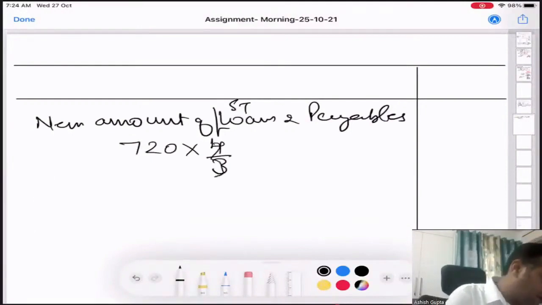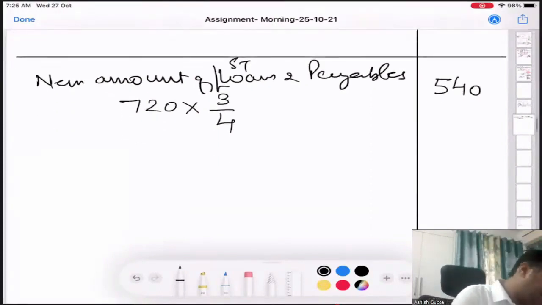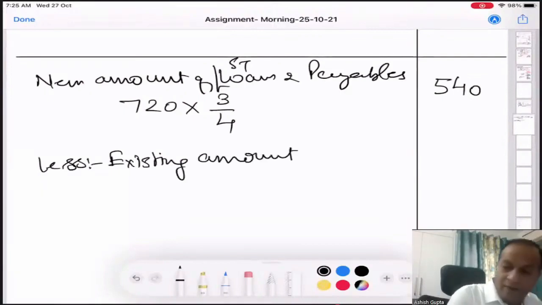Sorry, my mistake, it shall be this way. Accordingly, the amount should be 540. Now less existing amount of short-term loans and payables.